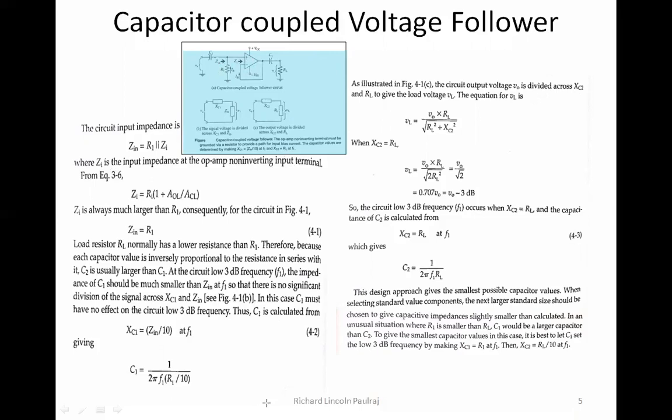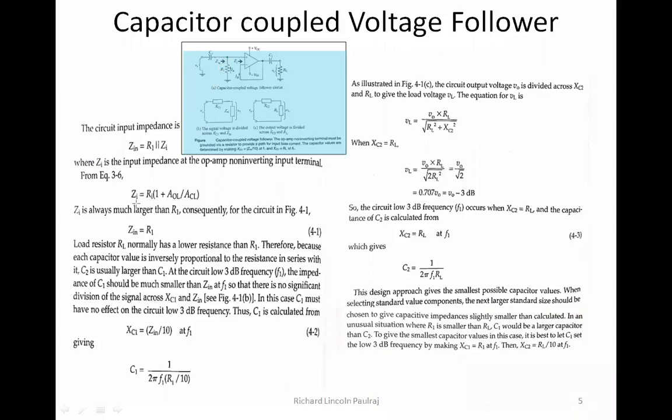We are connecting a resistor across the non-inverting terminal, and that resistor is R1. Why are we using this resistance R1? So that it will give way for a slight amount of input bias currents.